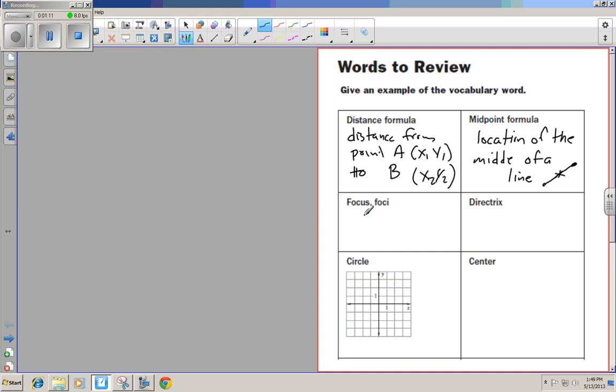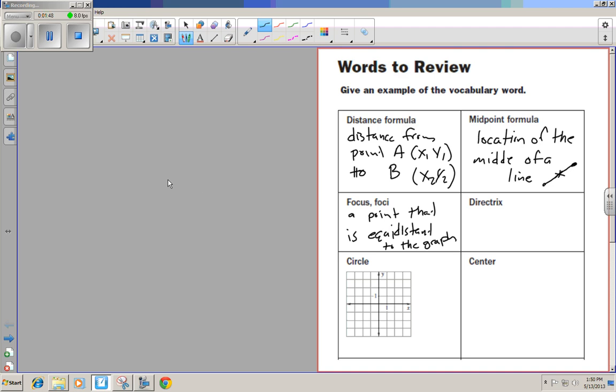The focus, or the foci, these points are on a parabola. Each point is equal distance from a point called the focus. So it is a point that is equidistant to the graph.